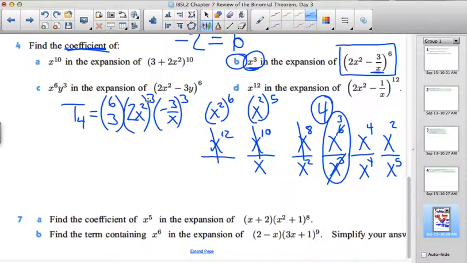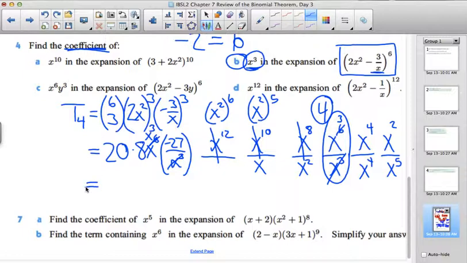And now we can actually find what the coefficient is. 6 choose 3, if you calculate that out, we have 20, and then 2 cubed is 8, and there's our x to the 6th we knew we were going to get. And then here, negative 3 to the 3rd is a negative 27 over x cubed. So the x cubed cancels that out, and we have x cubed in the numerator.